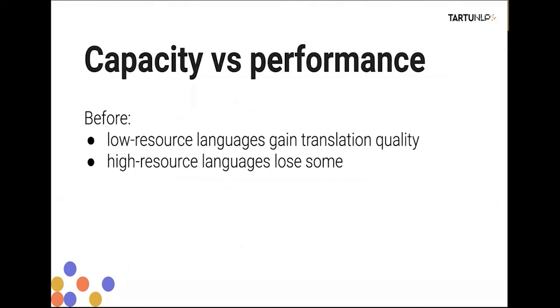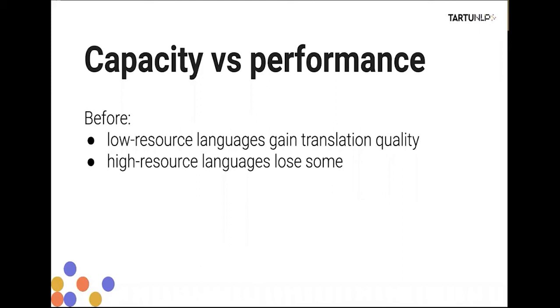doing this massive multilinguality, or doing multilinguality in general, makes sense if you care more about the low-resource languages, because through this cross-lingual transfer in the shared model parameters, in the shared model parts, the low-resource languages gain in translation quality. So if we take, let's say, Estonian, which has less data, and this is trained together with Finnish, which is closely related and has more data, then Estonian would probably gain performance and be translated better.